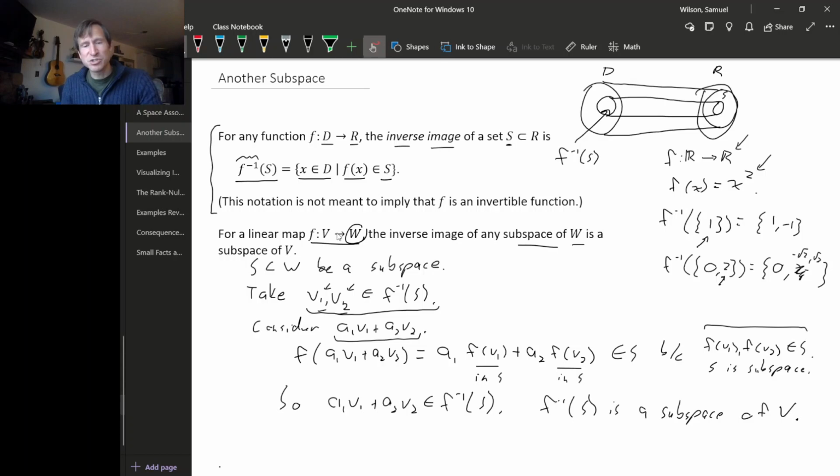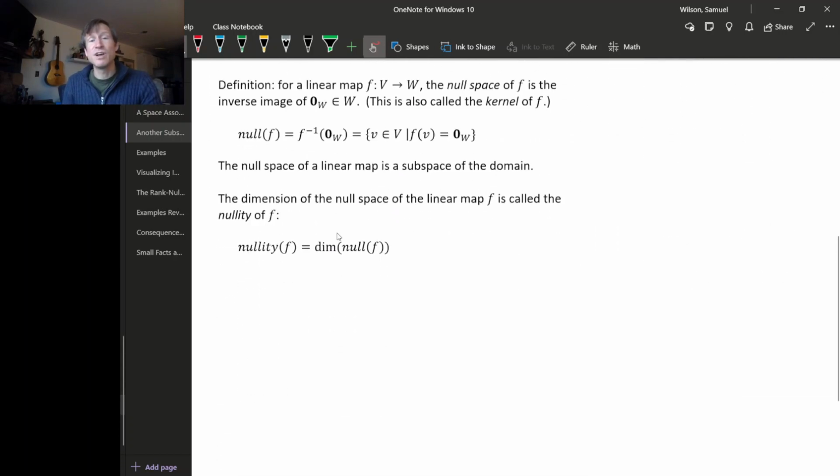The interesting situation is actually the inverse image of just the zero vector in W. So we have a special name for it, and we call it the null space of the linear map. So null f for null space. So it's the collection of vectors in V that the linear map sends to the zero vector in W.